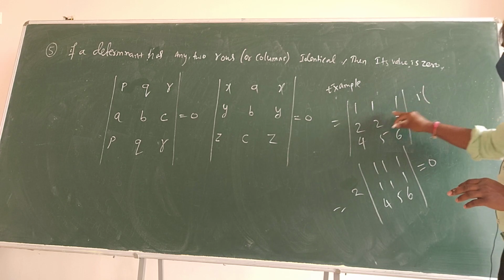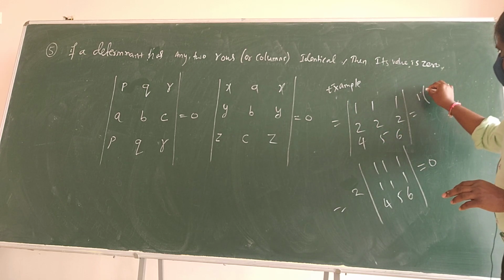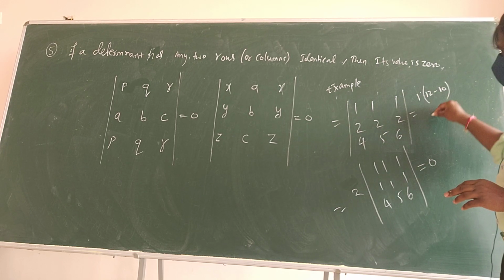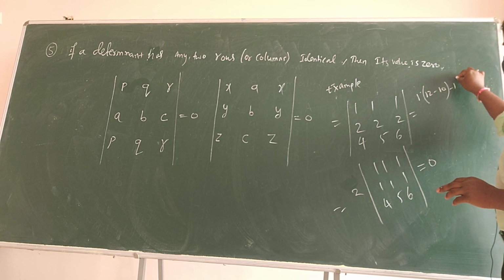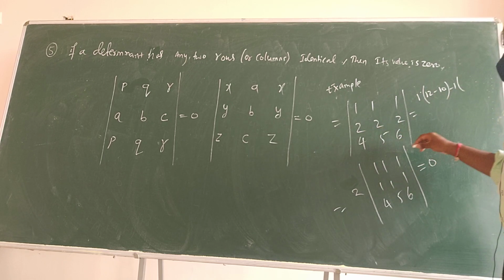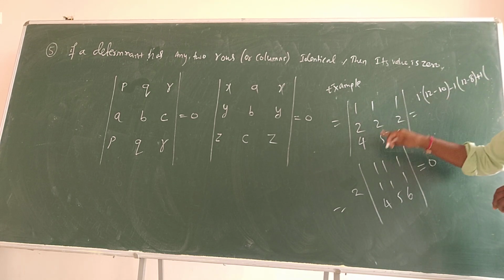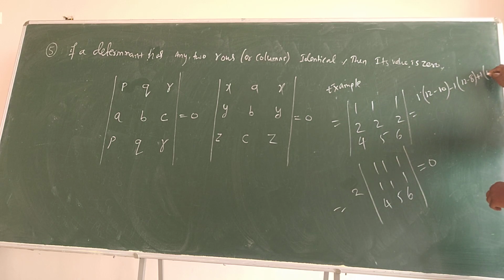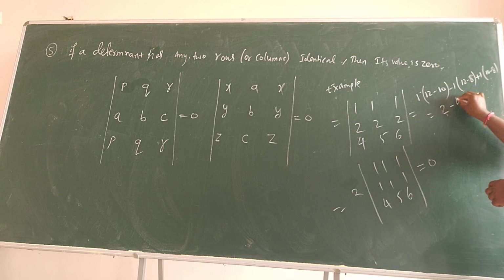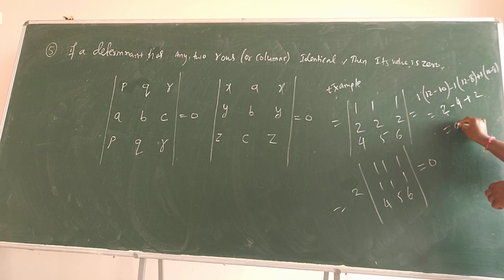1 into what happened? 1 into 2, 6 are 12, 5 2s are 10. Nice. Minus 1 into 2, 6 are 12, minus 8. Plus 1 into 10 minus 8. How much did you get here? 2 minus 4 plus 2, 0.